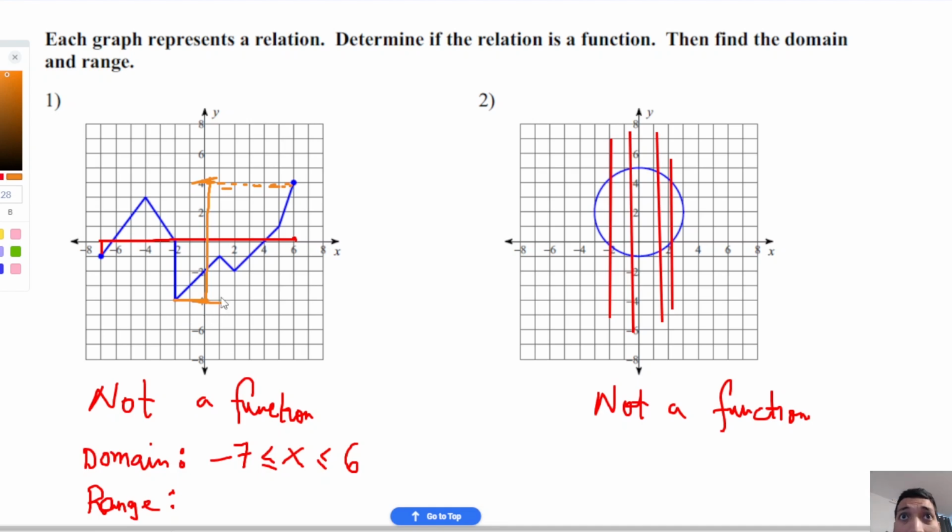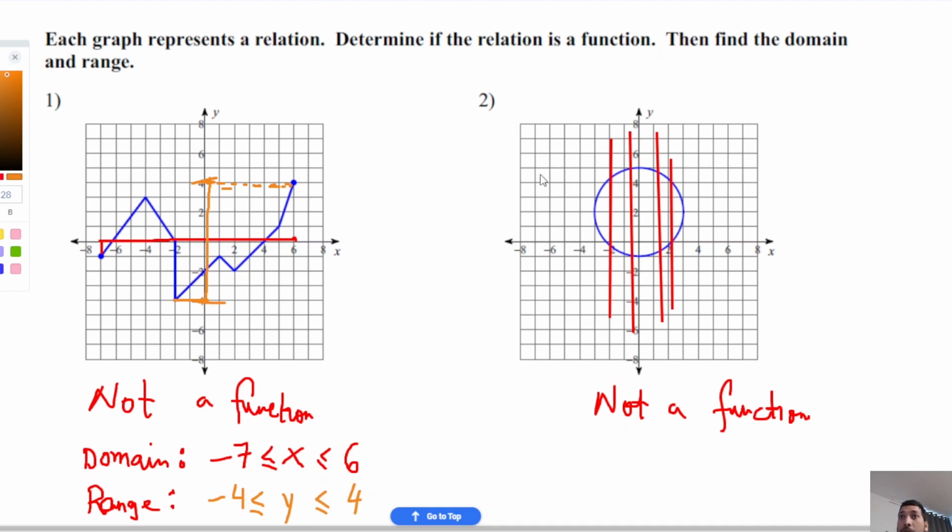So the lowest point is -4 less than or equal to y to represent the range variable, less than or equal to +4. This is how we write the domain and range of this graph.